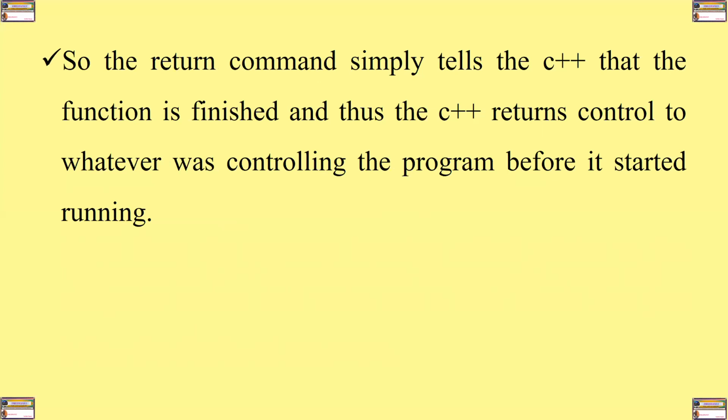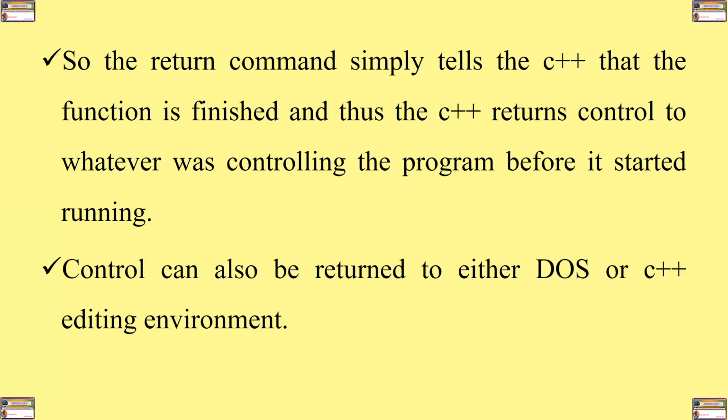So the return command simply tells the C++ compiler that the main function is finished, and thus C++ returns control to whatever was controlling the program before it started running. Control can also be returned to either DOS or the C++ editing environment.